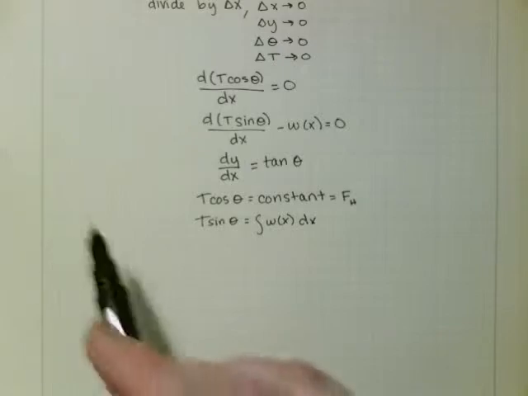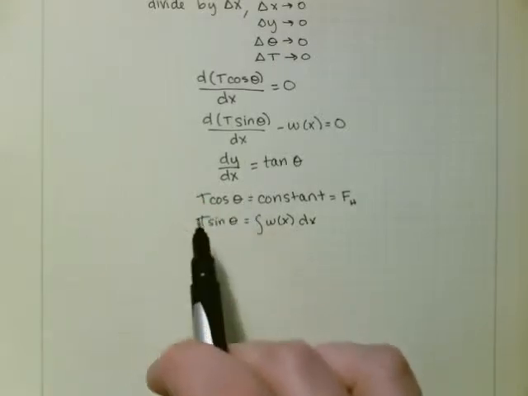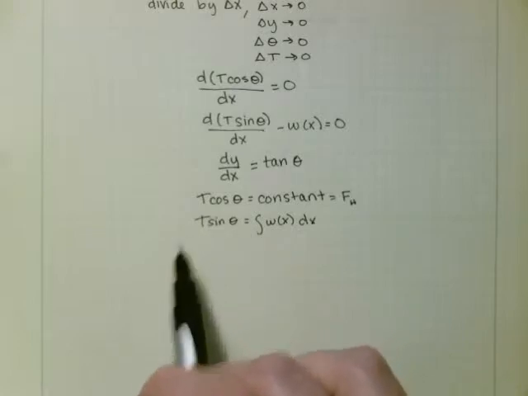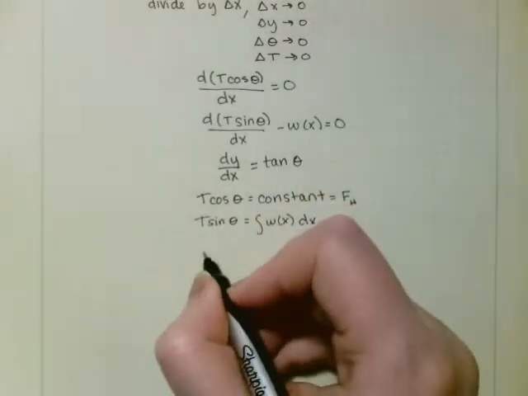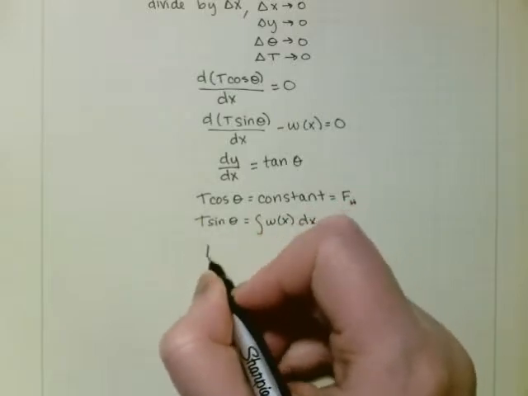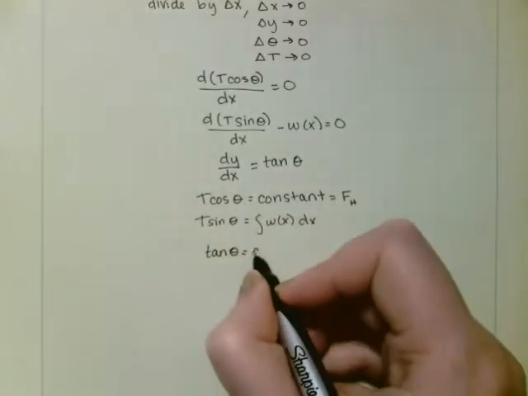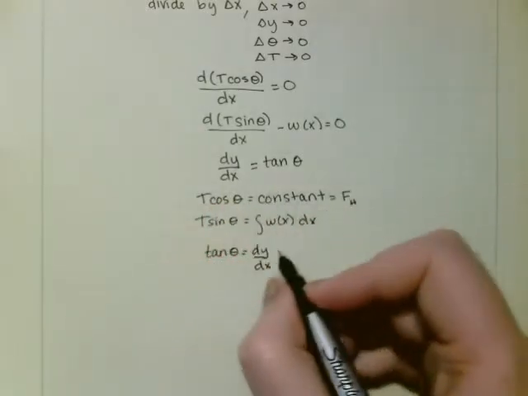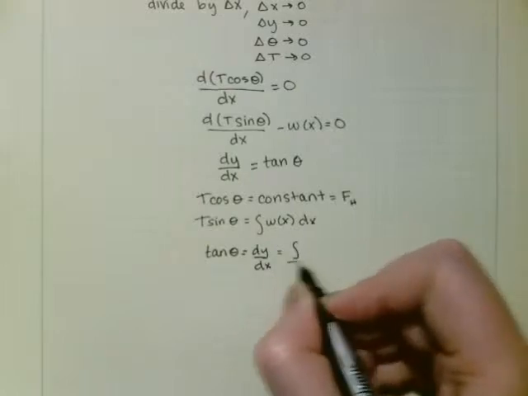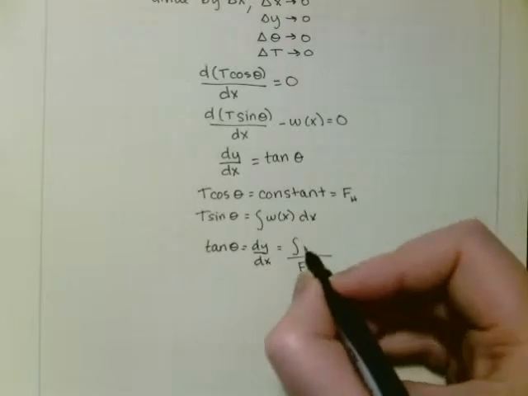And now, if I divided the whole equation by T cosine theta, the T's would cancel, and over here would be tangent of theta, which is also equal to dy/dx, and I divided by T cosine theta, which is the same thing as F_H.